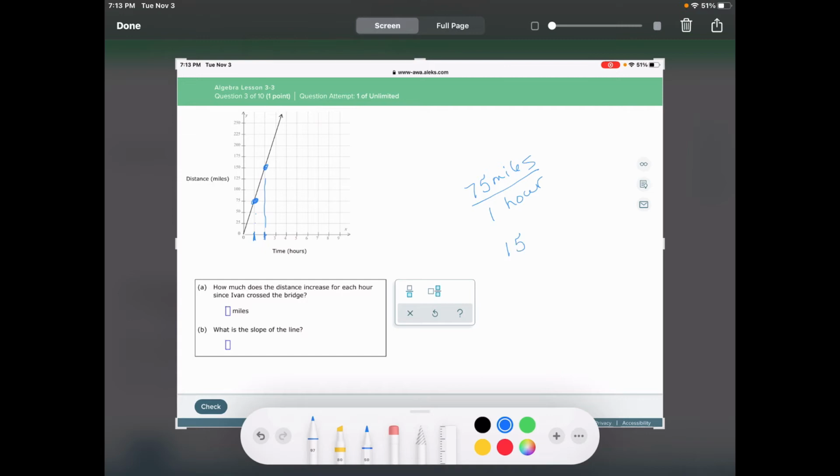So that would be 150 miles per 2 hours. And if we simplified this, we would get that. So that's the constant rate that's happening. So in each hour, we are going 75 miles. And so the slope of this line is 75 miles per hour.